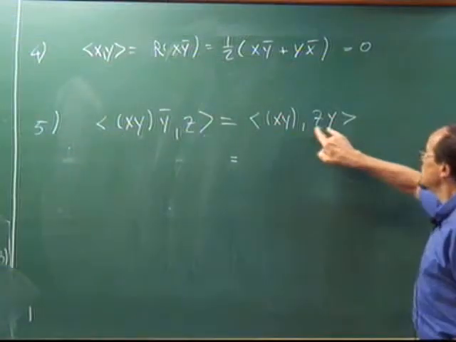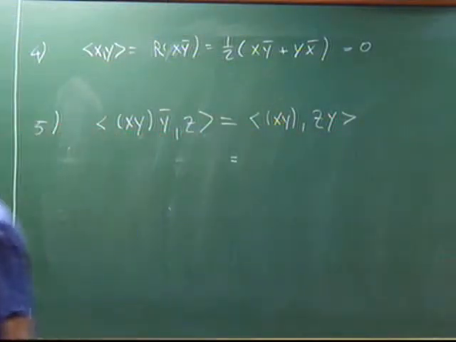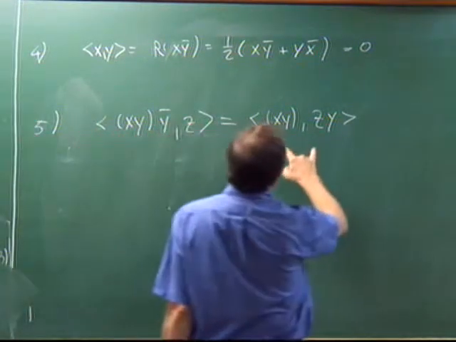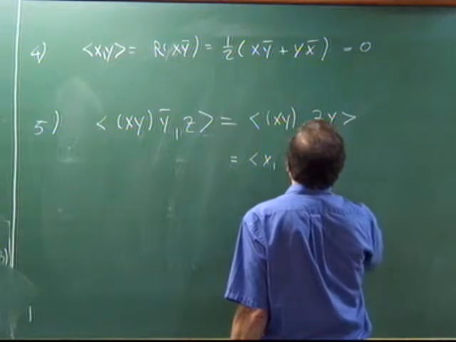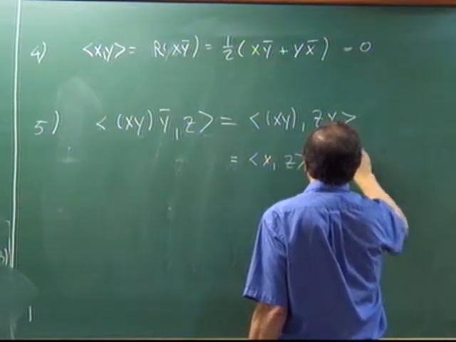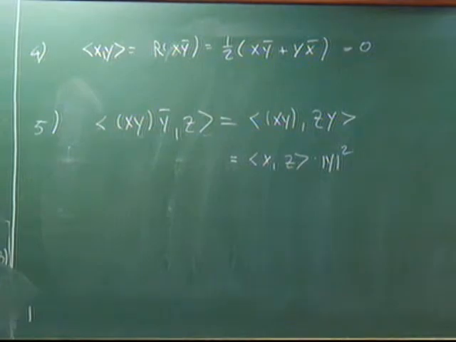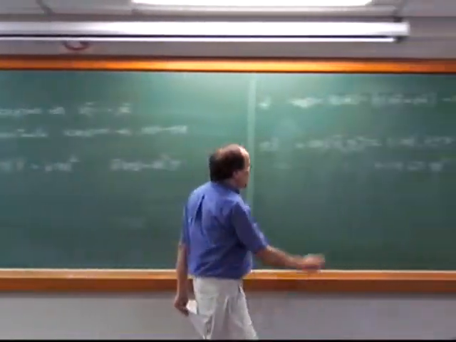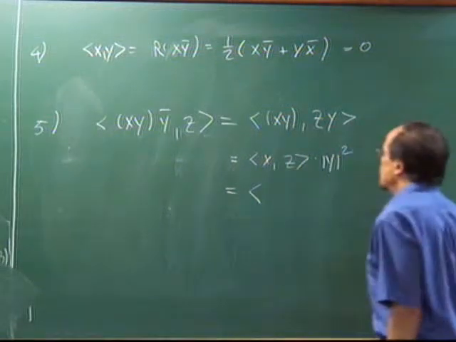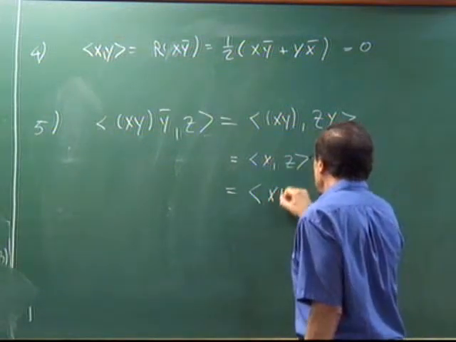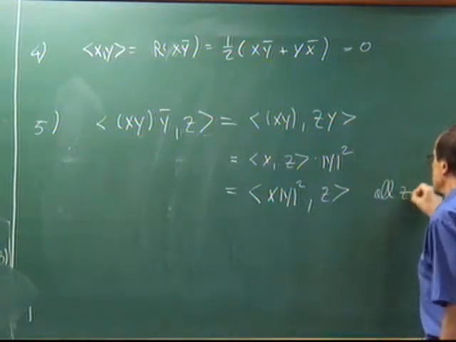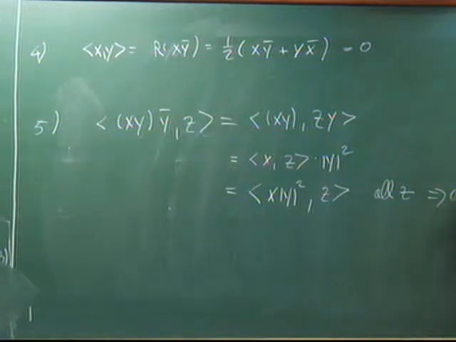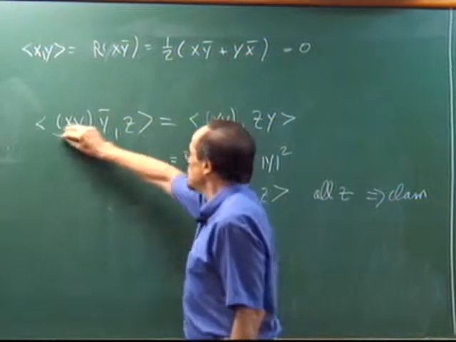And this is xy times zy, so now I can use this rule right here to say that's equal to the inner product between x and z times norm y squared. That's this rule right here. And now I can bring it inside. So bring this inside here, that's just a real number. This is true for all z, and then apply the claim. So now this thing must be equal to this.